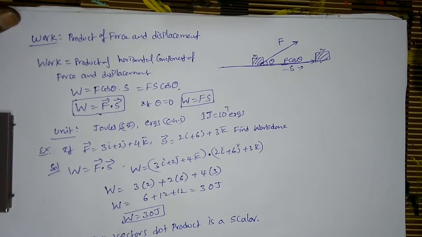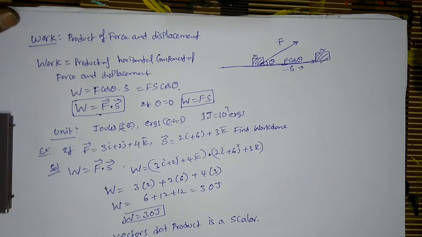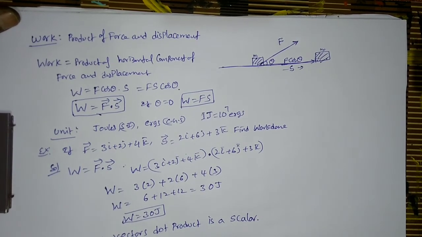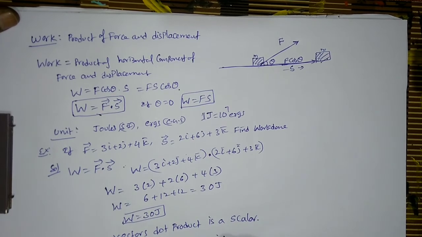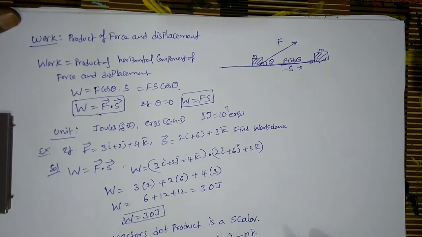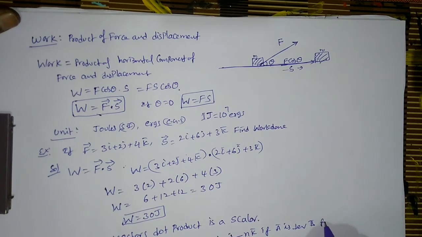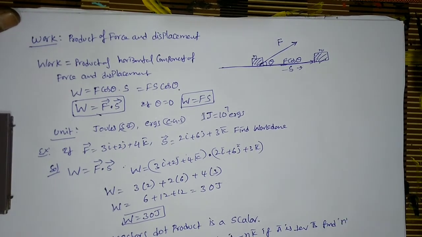Similarly, example number 2. If a bar is equal to 6i plus 2j plus 3k and b bar is equal to 2i plus j minus nk. If a bar is perpendicular to b bar, find the value of n.